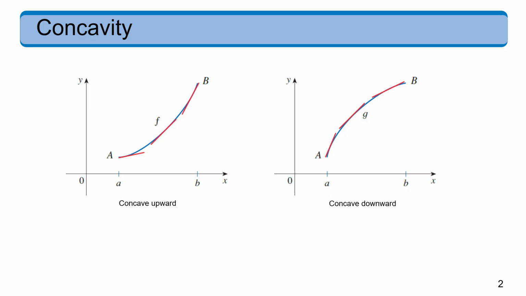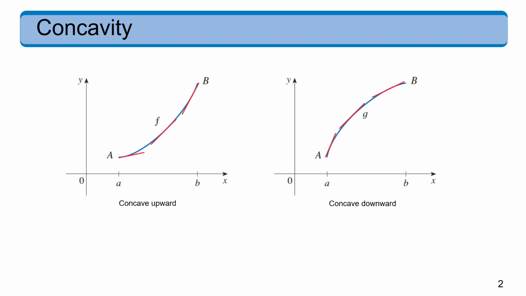So notice on the graph on the left, as we move from left to right and we look at the various tangent lines, notice that the slope is increasing as we move along. The slope is f prime, right?